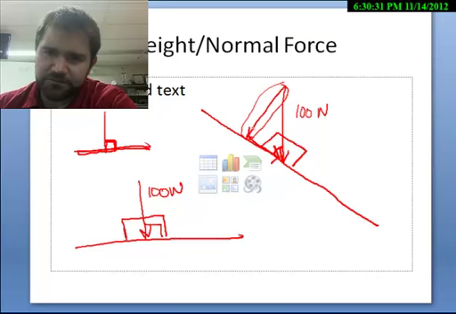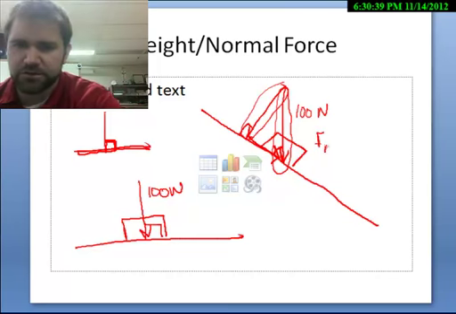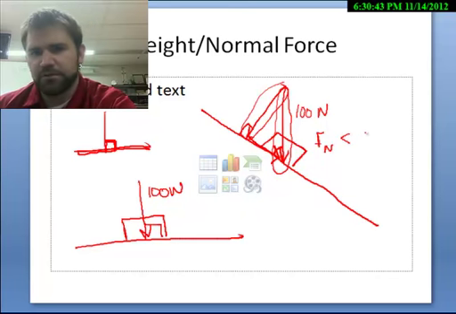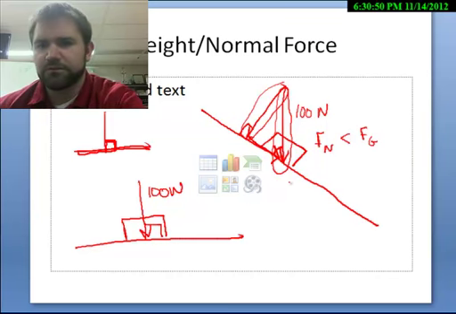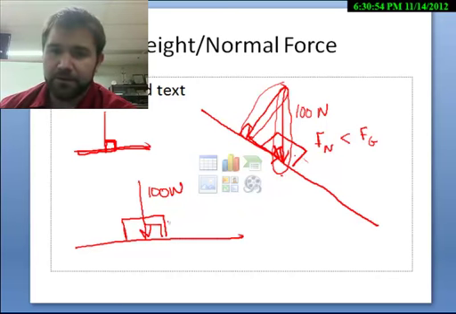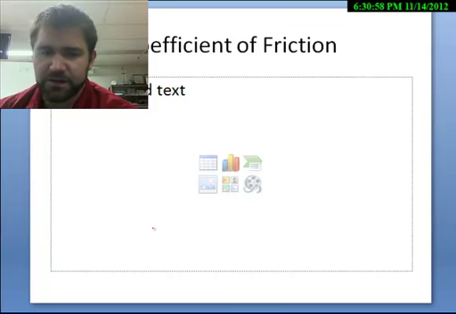And you can see that this force, which would be the normal force perpendicular to the surface, is less than this force, which is the gravitational force. So in this case, the normal force between this box and the hill would be less than the gravitational force of that box. And therefore, the friction between the box and this hill would be less than between the box and this flat surface.